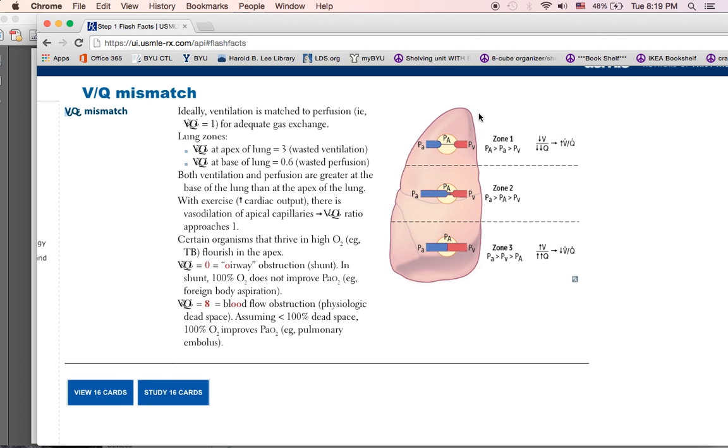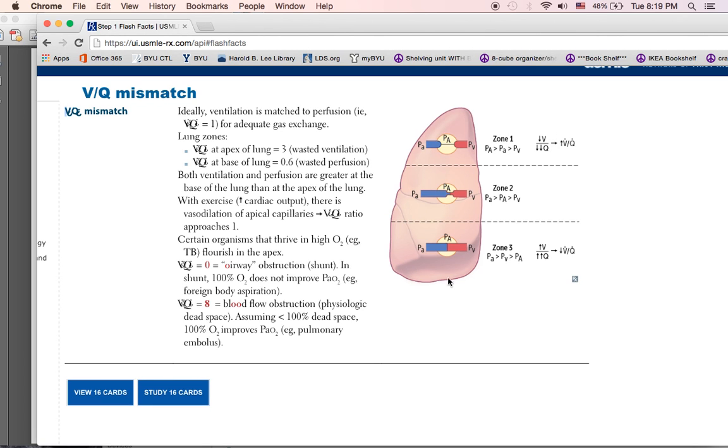Now, near the apex of the lung, under normal conditions, this VQ is equal to 3. Meaning the difference in perfusion between the apex and the base is greater than the difference in ventilation between the apex and the base.